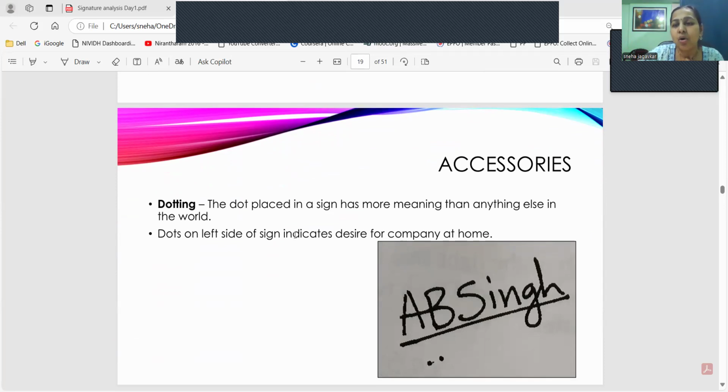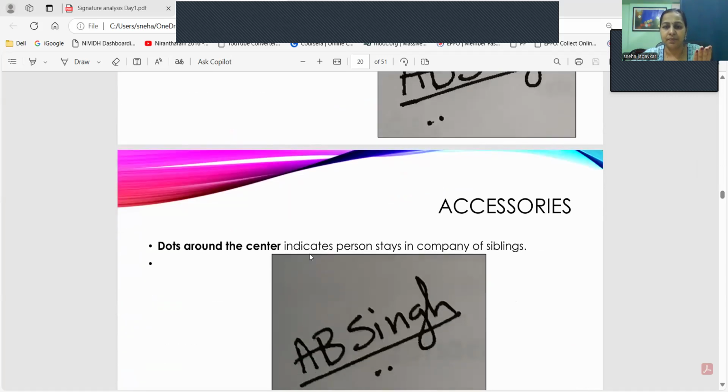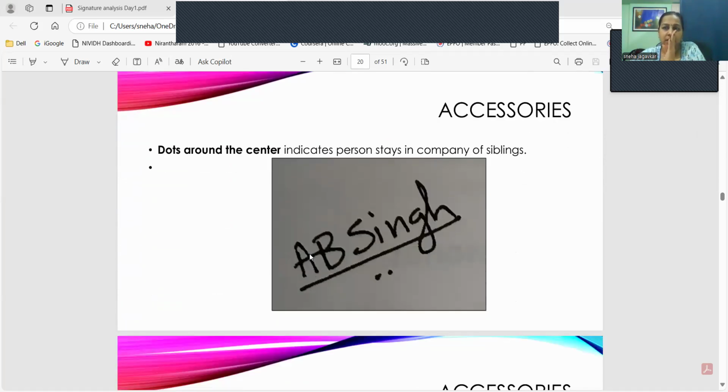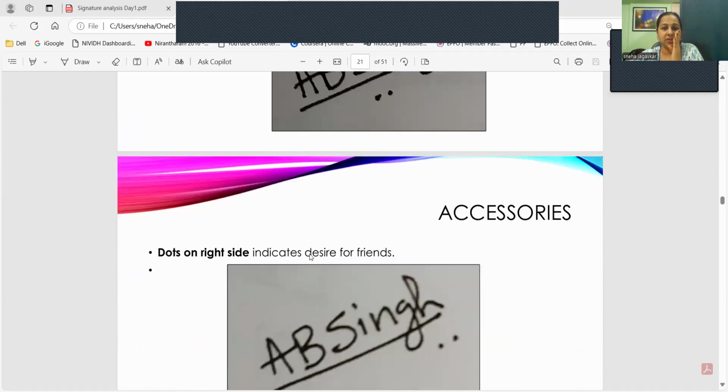Where the dots are placed also has some meaning. A dot placed in a sign has more meaning than anything else in the world. Dots on the left side of the signature indicate company at home. Dots around the center indicate company of siblings.